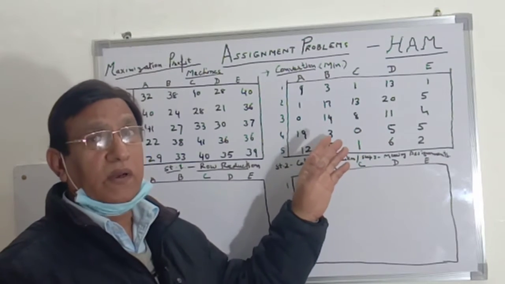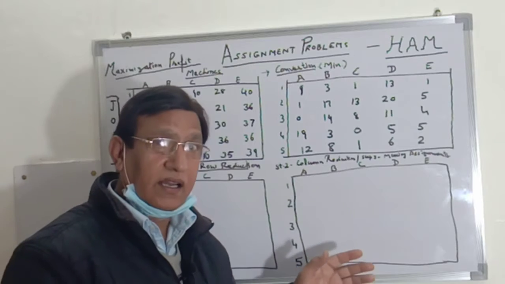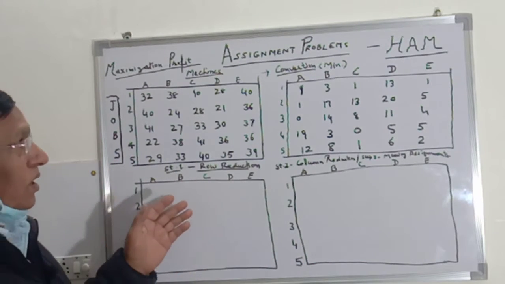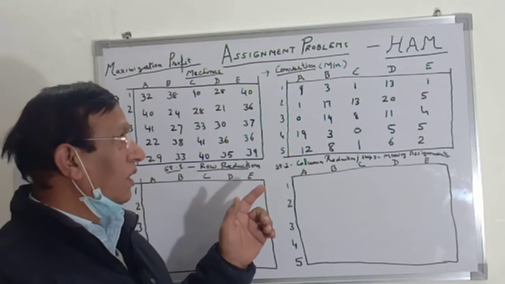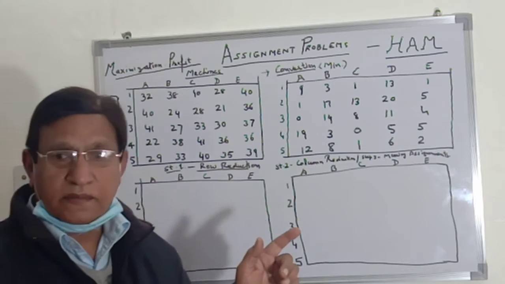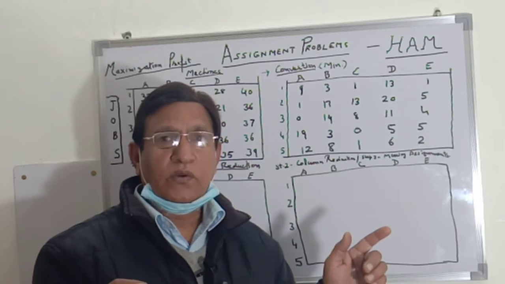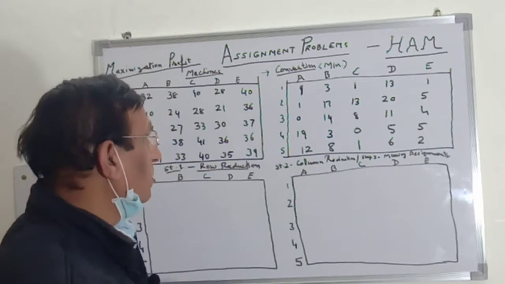Now we will apply the Hungarian assignment method as earlier we have discussed. Again, step number 1, row reduction. We have to select the minimum element from each row and subtract that minimum element from all the elements of that row. Similarly in the case of columns.